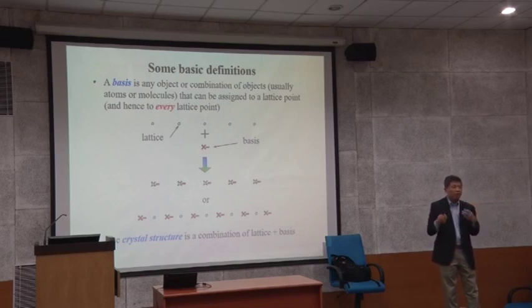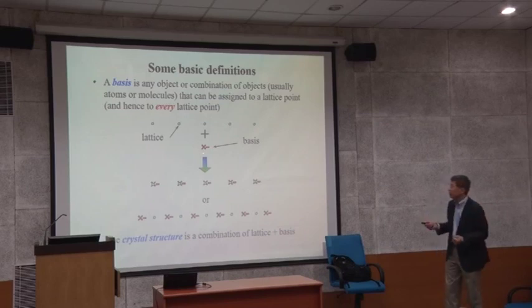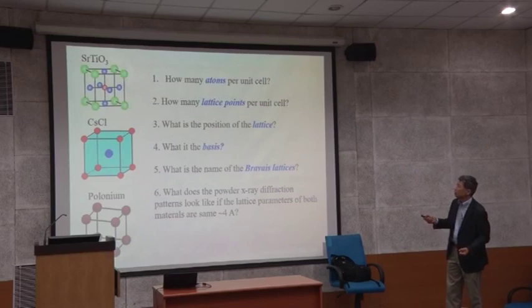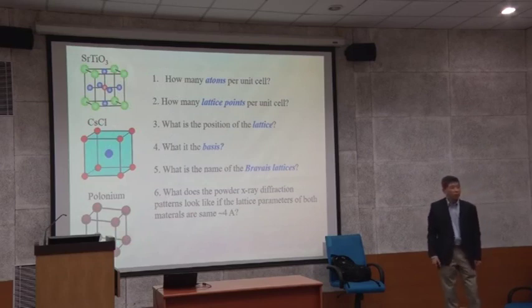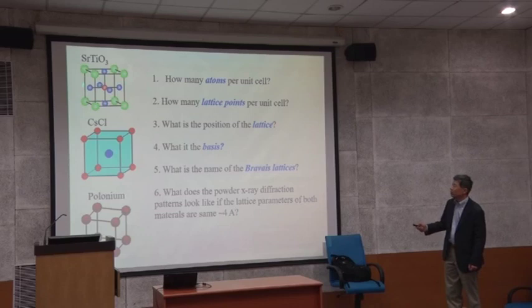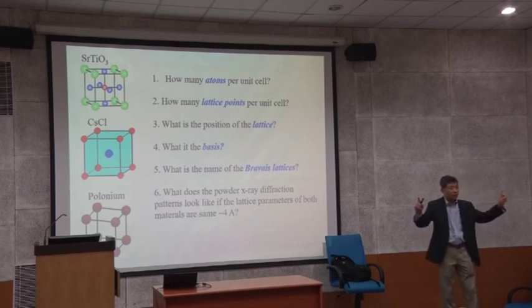A lot of this is confusing, but you make a diffraction pattern for these three. Strontium titanate, cesium chloride, and polonium all look like different crystal structures, but let's assume the lattice parameters are the same. Then your diffraction pattern looks the same.